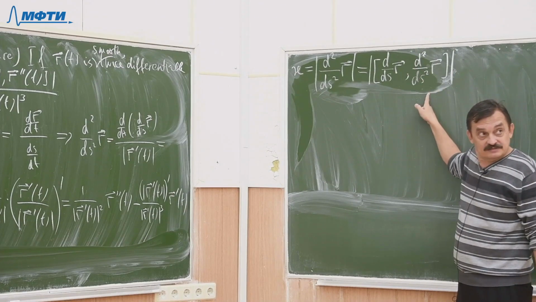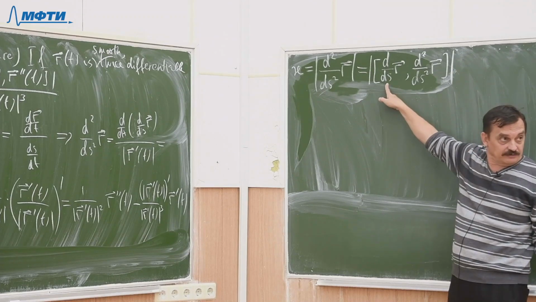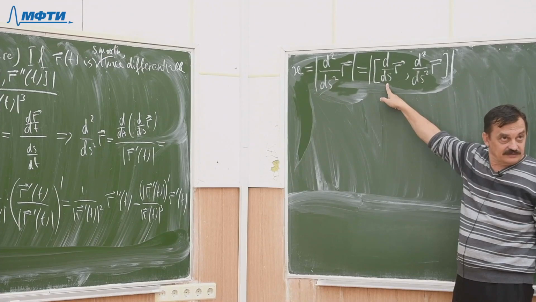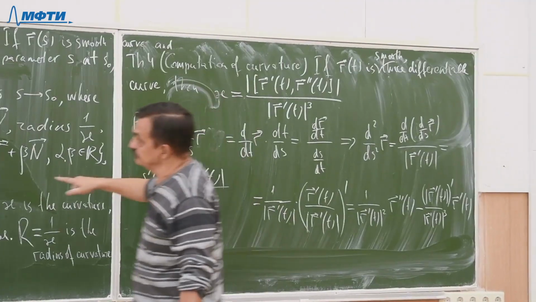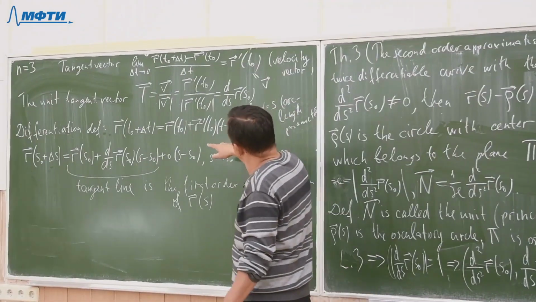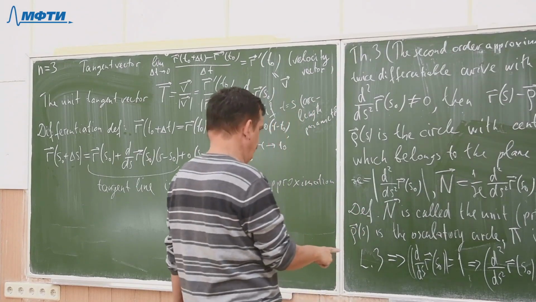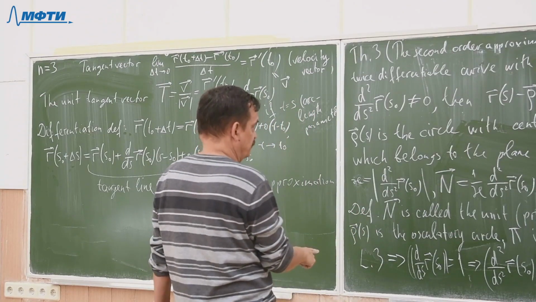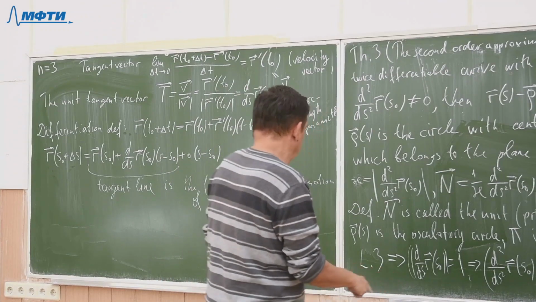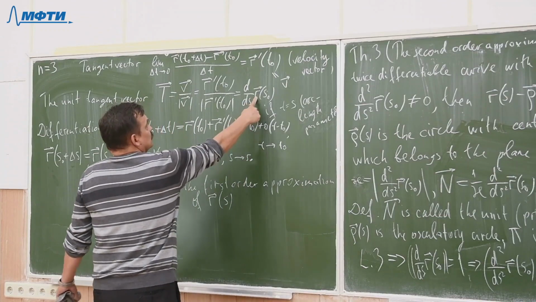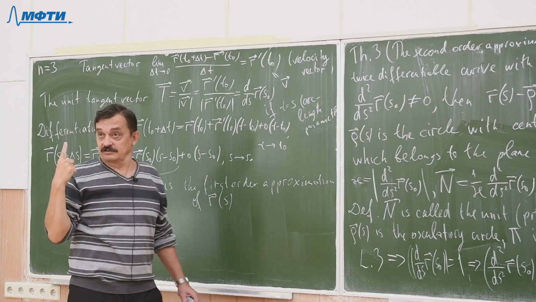The length of this times the length of that. The length of that is 1, right? Because dr over ds is the unit tangent vector. So the length is 1, right?